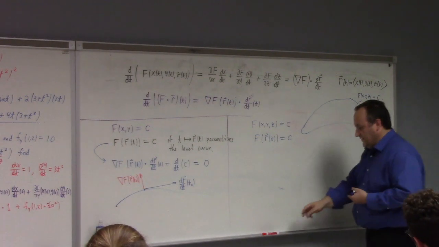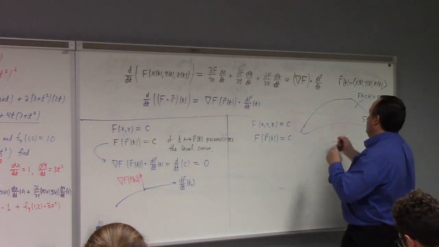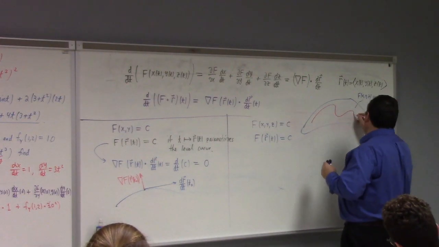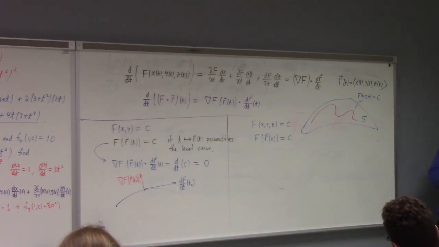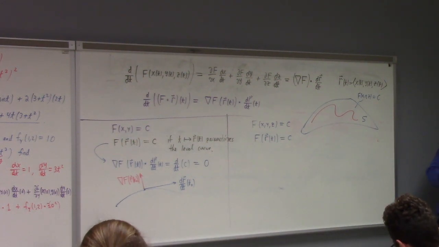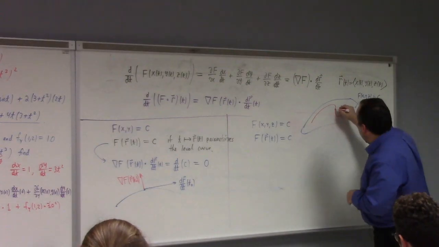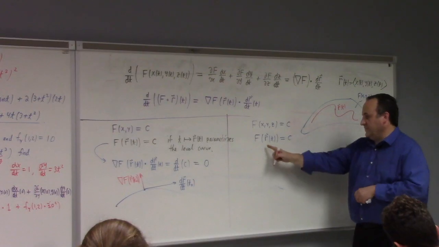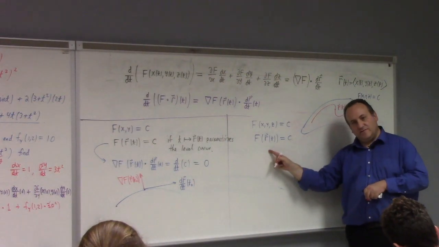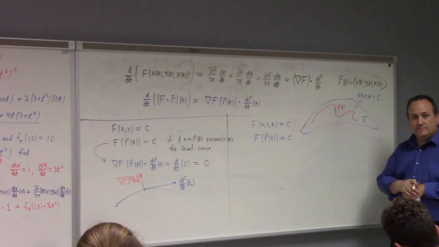Suppose you've got a path lying in that surface. What equation does the typical point r of t have to satisfy? It must be that when you plug it into the defining equation, you get the constant, right?